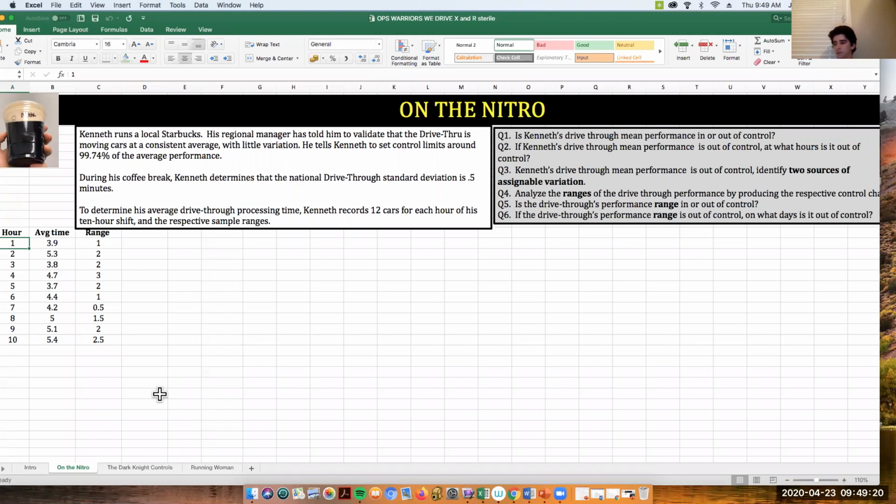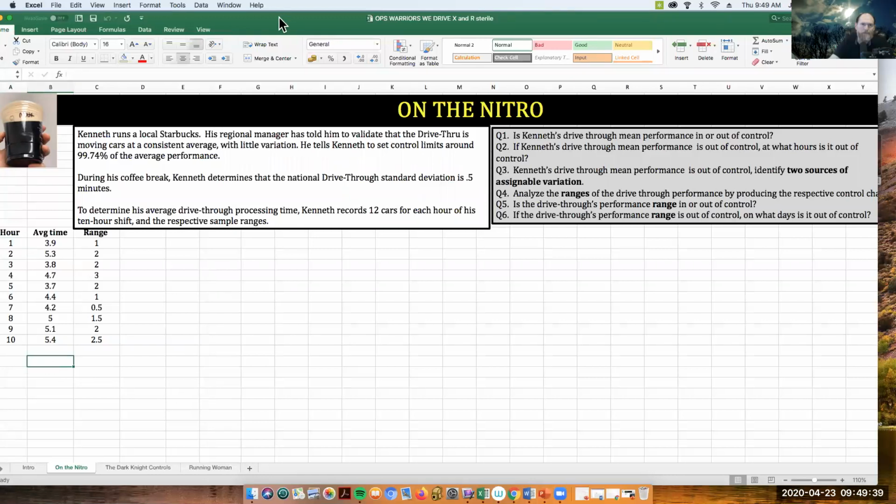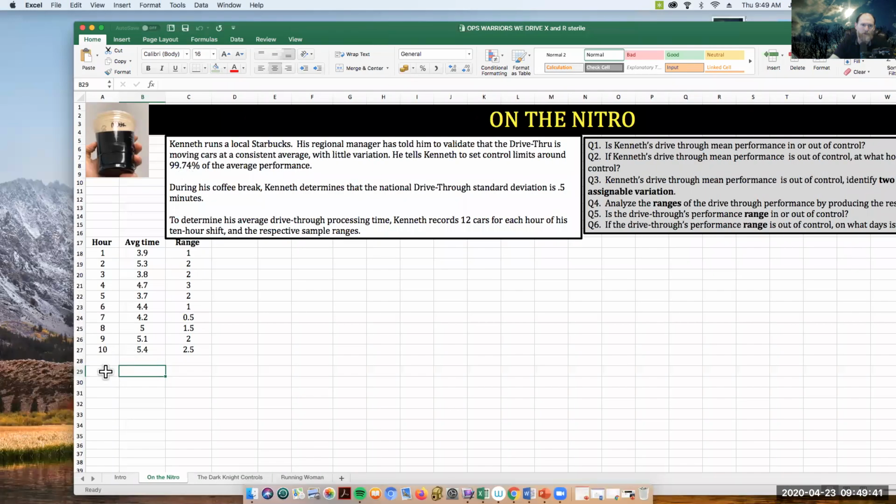Yeah, I think we also need to find the upper and lower limits of our control range. Okay. So what should we do first? I guess take the average of the average time to get X double bar. Okay. So I'm going to get some space over here a little bit.